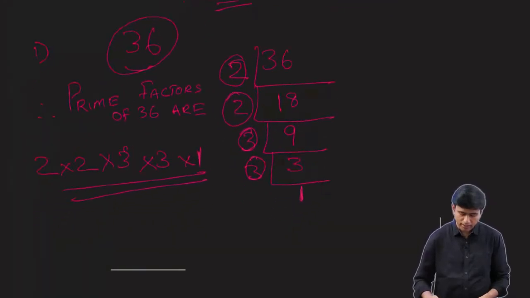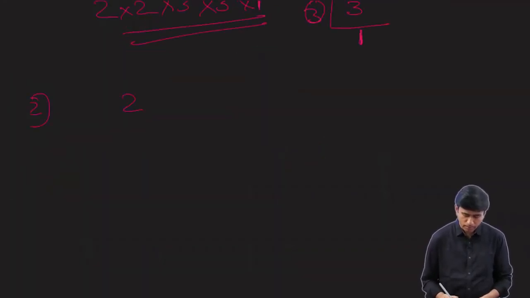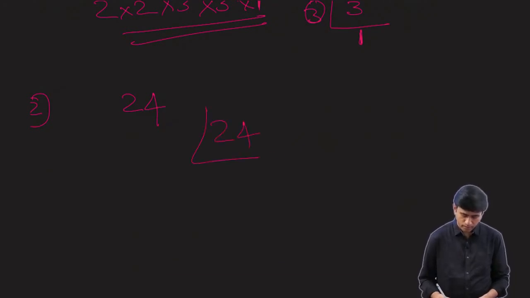Let's try another example. Let's find the prime factors of 24. 24, if you divide it by 2, you get 12. 2 6s are 12, 2 3s are 6, 3 1s are 3.